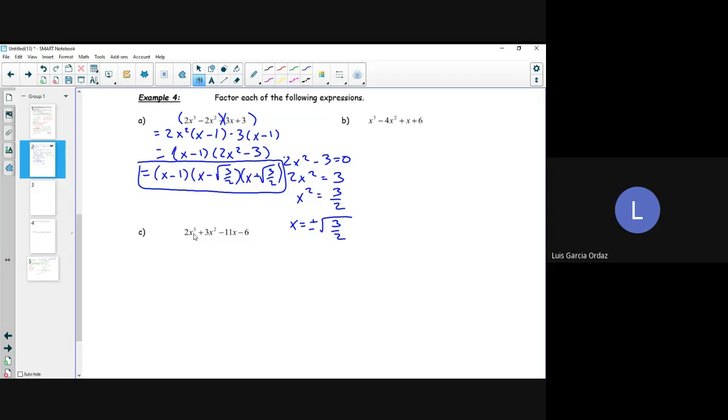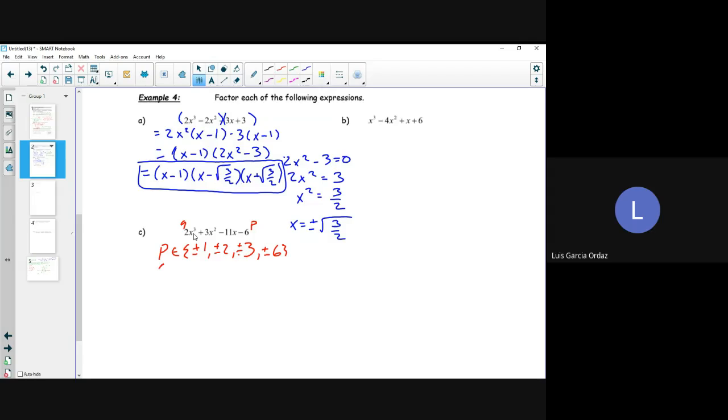So the next example we have is 2x cubed plus 3x squared minus 11x minus 6. So again, we're going to have to use our factor theorem. So we need the elements of P and Q. Factors of 6 we found to be 1, 2, 3, and 6.